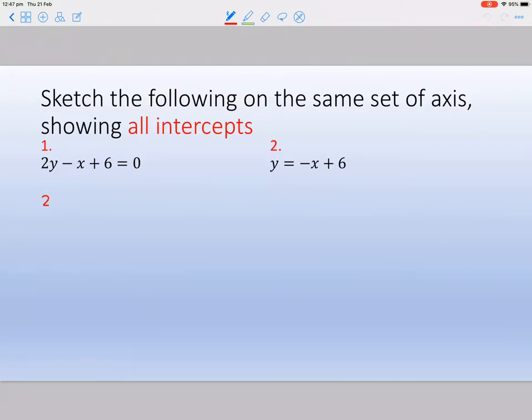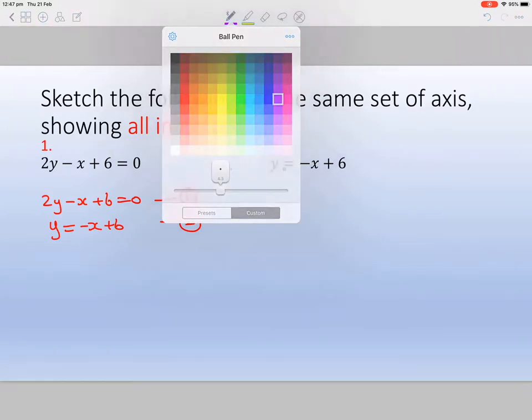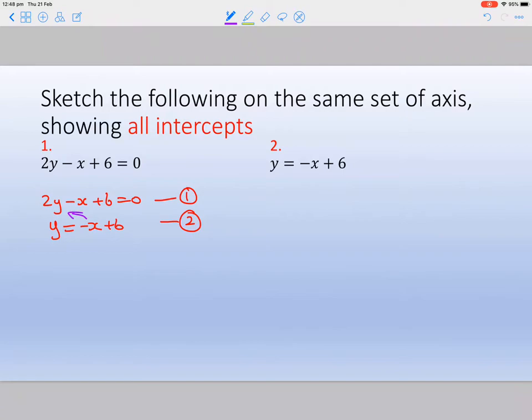So I'm going to go 2y minus x plus 6 equals 0. The reason I'm rewriting it is so we can have beautiful working out. So this is what I want to see in your books. And then equation 2. Now, I'm going to rearrange 2. You can do it your own way, moving everything to one side so it looks like number 1.